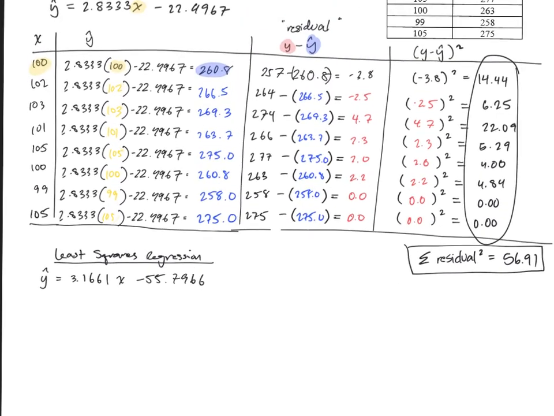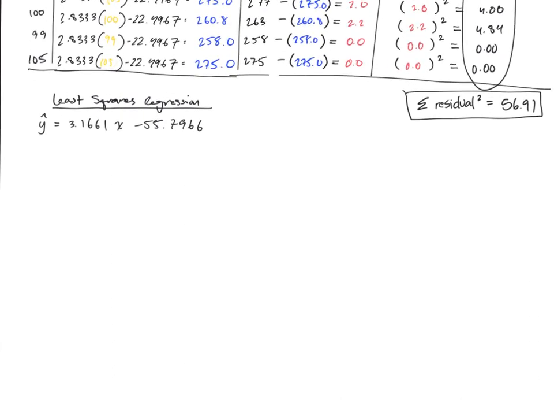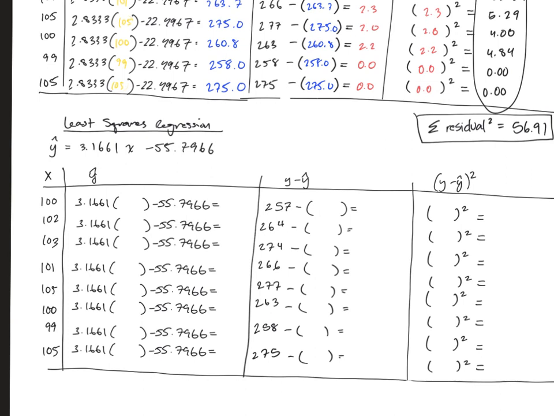Now, I'm going to compare this with the least squares regression. So we're going to do the exact same thing, this huge chart by hand for the least squares regression. Let me go ahead and set this up. All right, so I went ahead and I set up the chart. So, clarifying, I wrote down our equation for y hat. So remember, this is the least squares regression line, which is supposed to end up with the least squares difference.